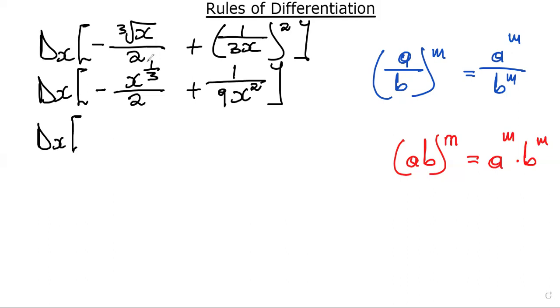That's fine. Now this one, we still write it as it is. But I want you to realize that the coefficient of x is 1. So I want us to separate this and write it as -½ times x to the 1/3. It is still the same thing, but it's easier to differentiate if you write it in this way. I also want us to separate this one and write it as 1/9 times 1/x squared.